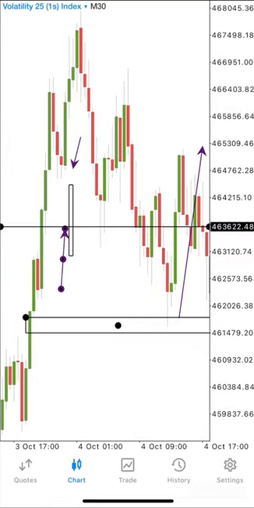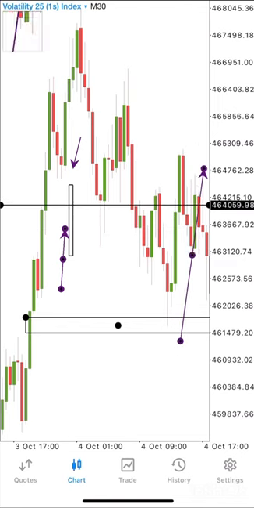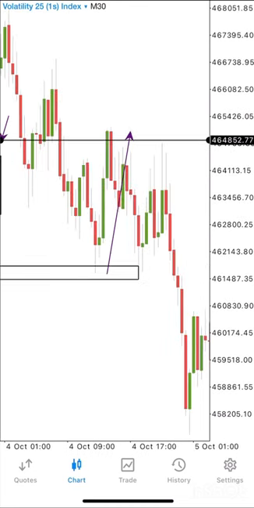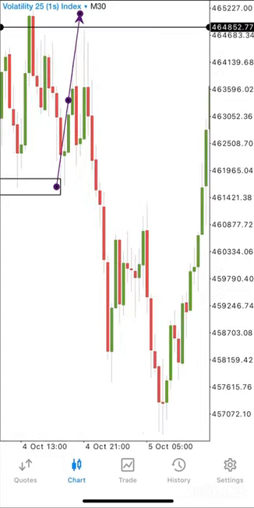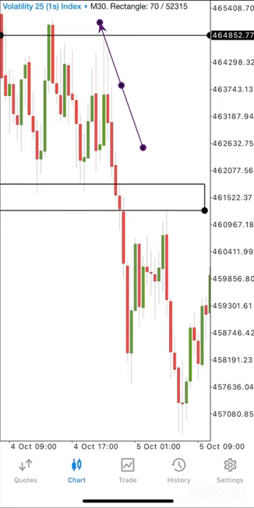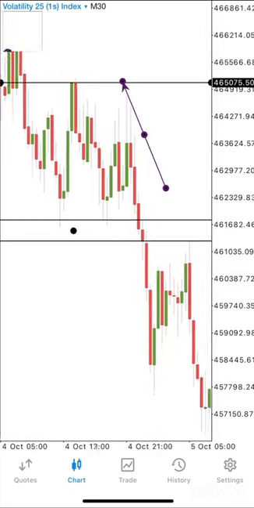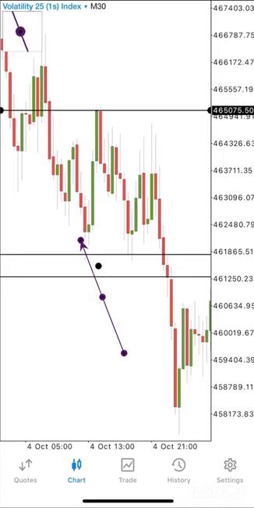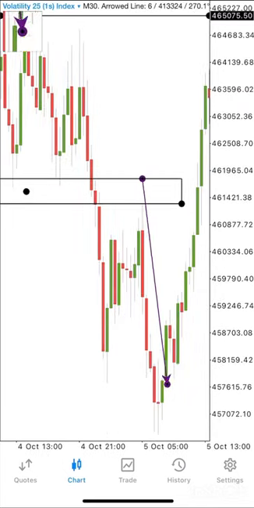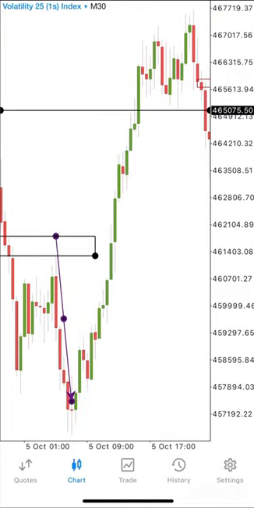Once price touched the single print, it just gave a reaction. Then again at this point, after it broke the single print, it retested the single print, and then it came down like this. So that is it.